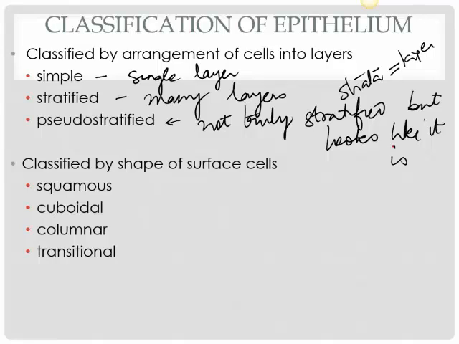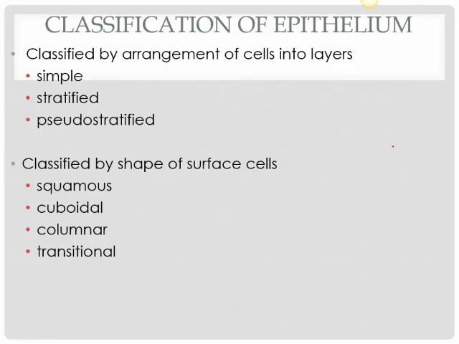So here we have three main types of epithelia. Squamous epithelium is where the cells are very, very thin. If you look at it from the top, it kind of looks like a fried egg. You know how in the egg the yolk is a little bit raised and the white is flat?